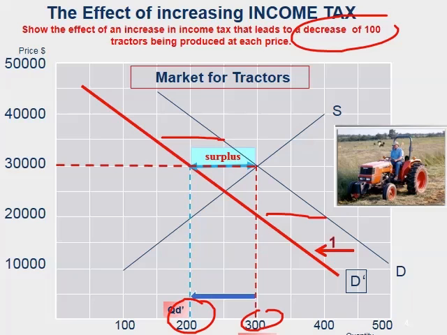So how does the market deal with the surplus? Well, we know if there is excess supply or surplus, the price must decrease. And as the price decreases, we know that according to the law of demand, quantity demanded will increase and quantity supplied will decrease.